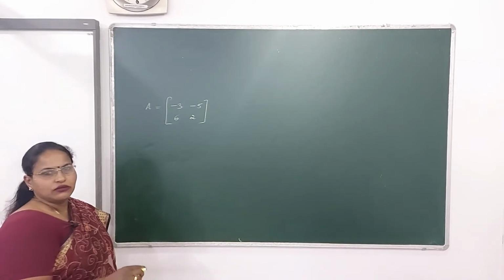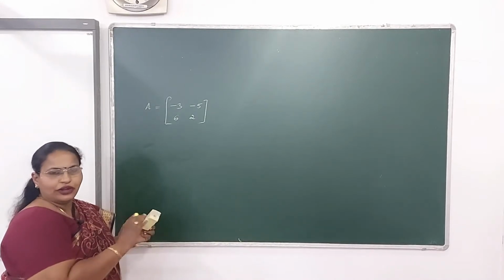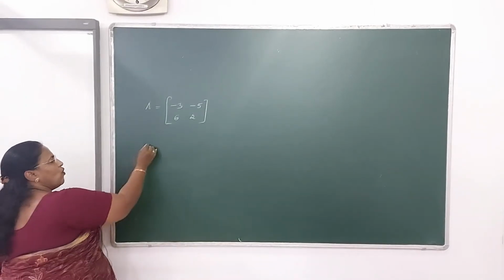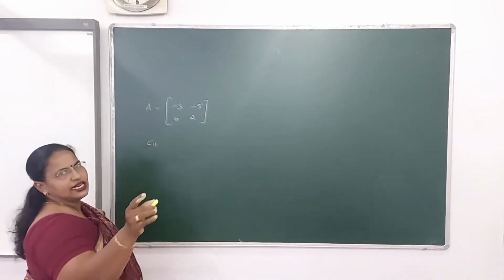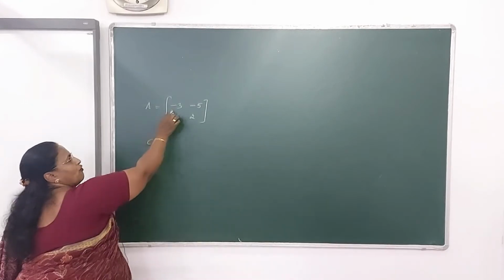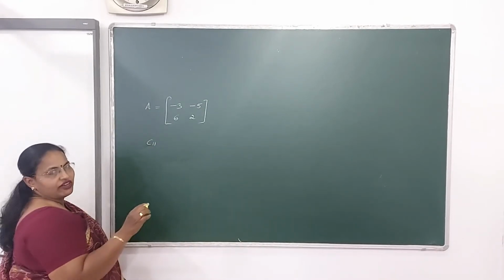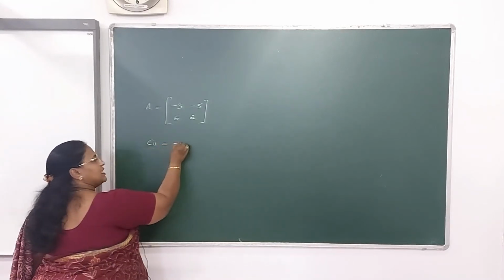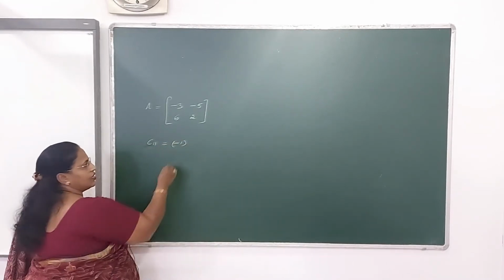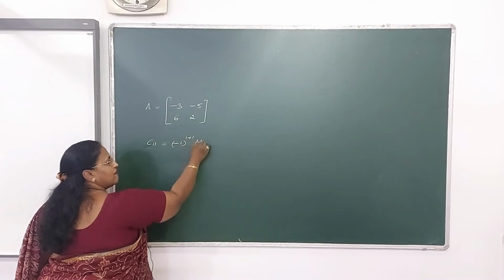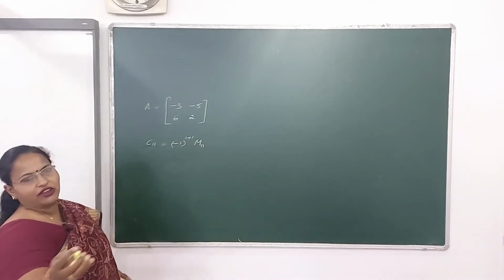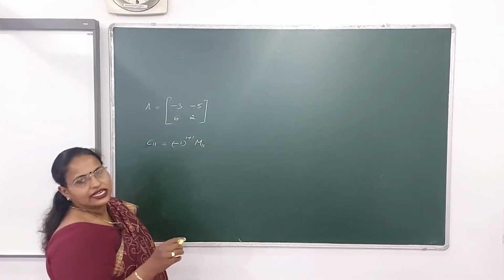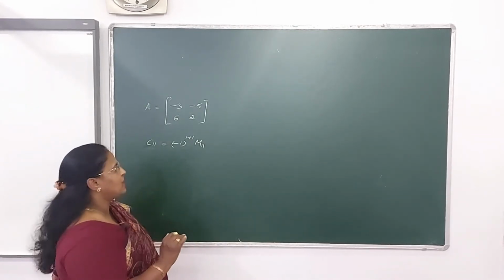First of all, you don't require M11 separately, directly we can go for C11. So the cofactor of A11, row wise, let us find it out. C11 is equal to minus 1 to the power 1 plus 1 into M11. Minus 1 to the power 1 plus 1, it's an even number, so definitely it will be a plus value.